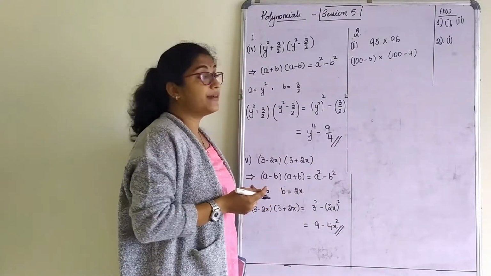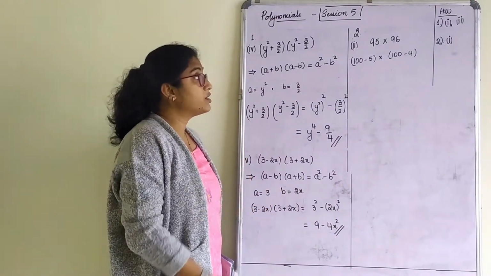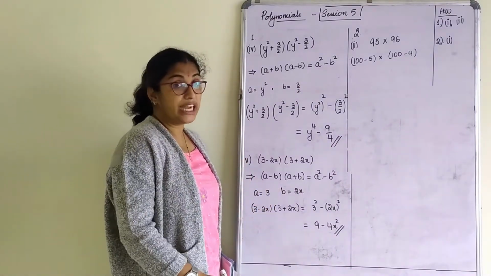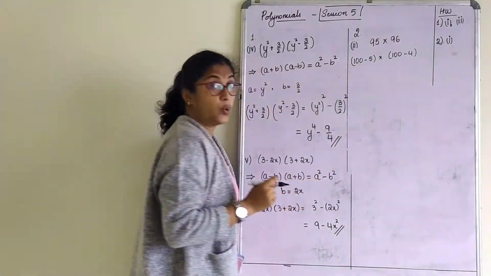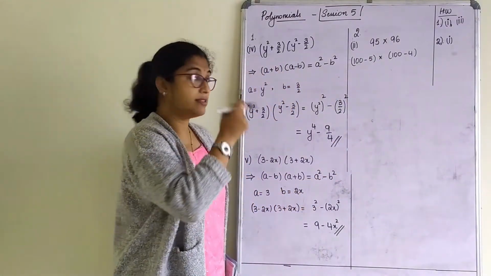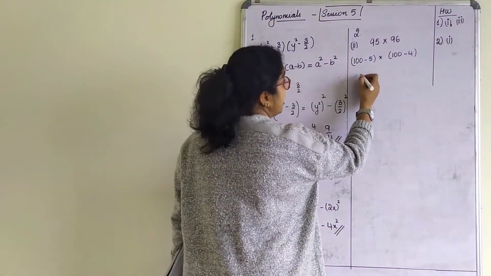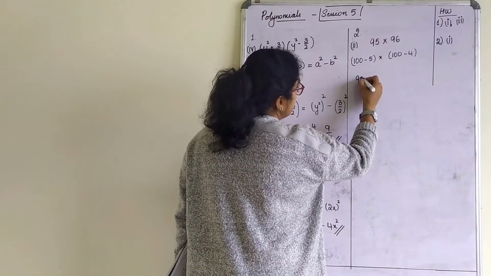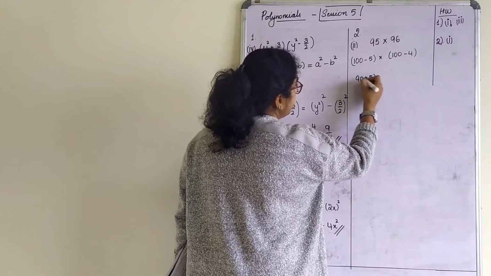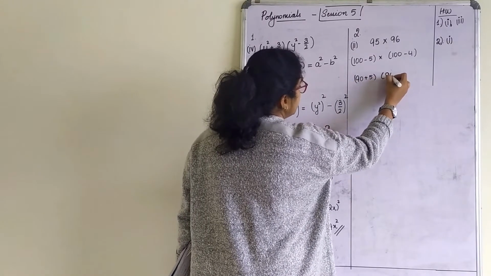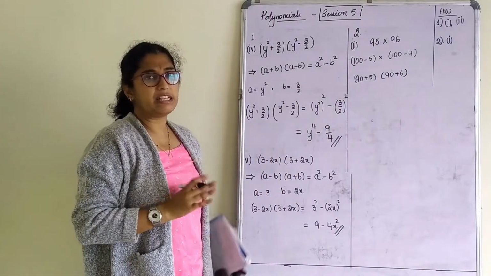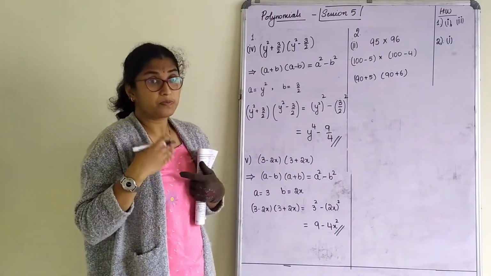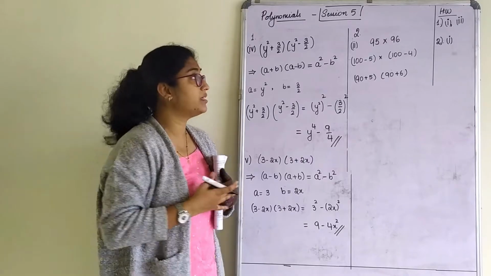Correct? 100 minus 5 is 95, 100 minus 4 is 96. Which identity? x plus a, x plus b, when a and b are both minus. This is one way. Otherwise, I can also write this as 90 plus 5 into 90 plus 6. Same identity, x plus a and x plus b only.